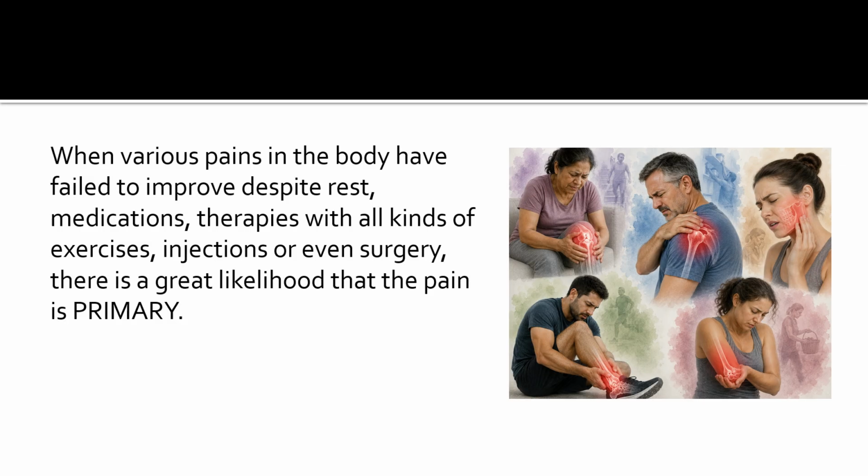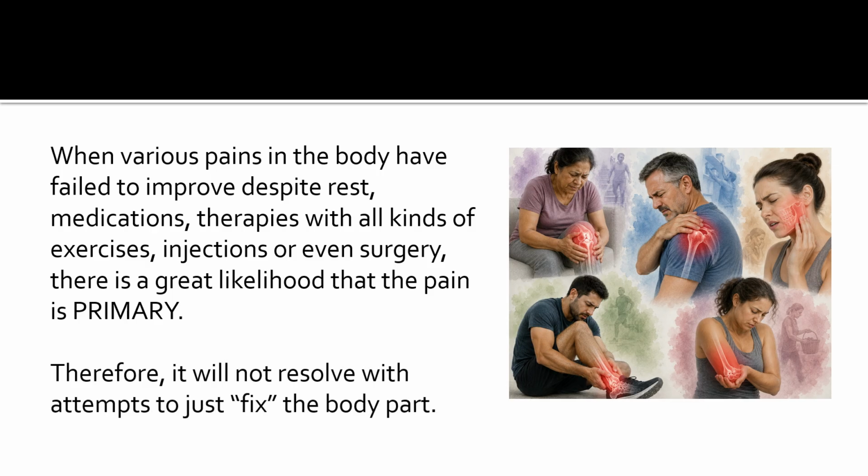When various pains in the body have failed to improve despite rest, medications, therapies, all kinds of exercises, injections, or even surgery, there's a great likelihood that the pain is primary. Therefore, it will not resolve with attempts to just fix the body part.